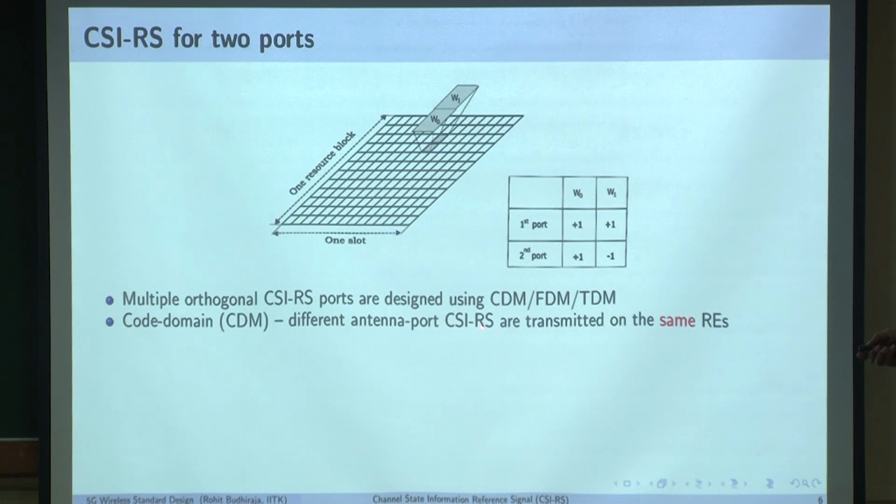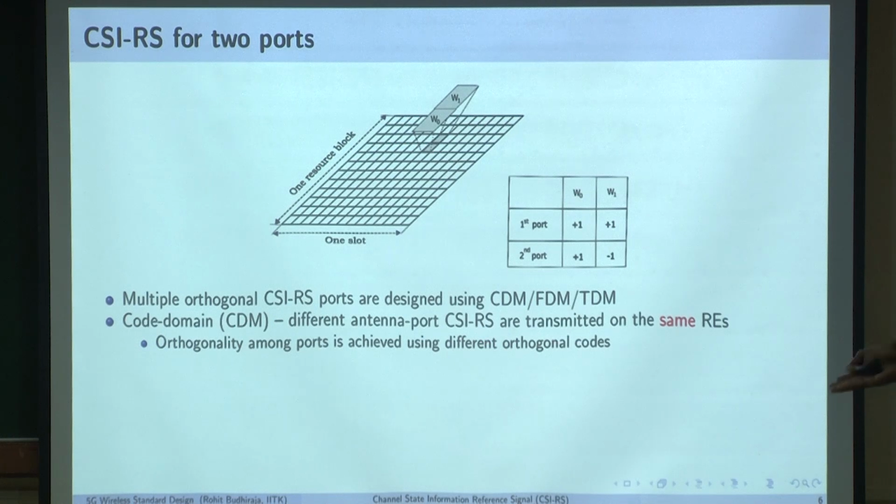Different antenna ports' CSI-RS are transmitted on the same REs, correct? Look at this: the first port is being transmitted on this and this RE. The second port is also being transmitted on this and this RE. That's the statement I am making. To transmit 2 port CSI-RS, we are using 2 REs, and orthogonality among the ports is achieved using different orthogonal codes.